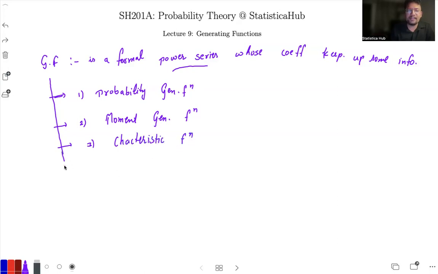And lastly, we have the cumulant generating function. These are the major topics we have to cover in this lecture. So I will try to finish these four different types of generating functions in this lecture. Okay, let's see them one by one.